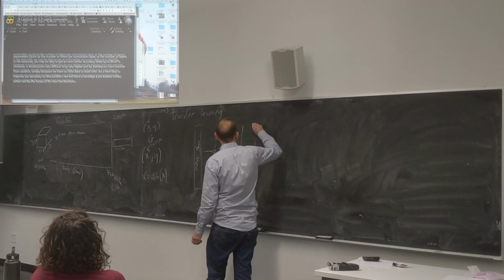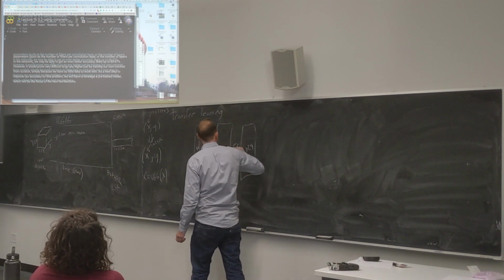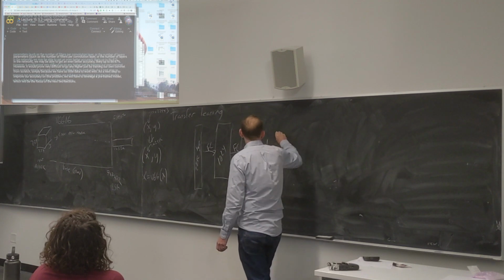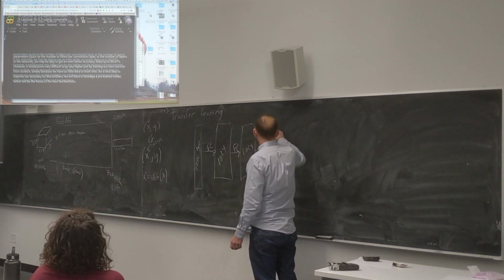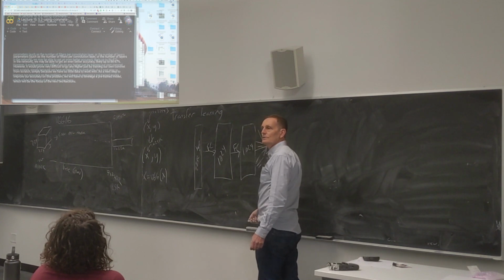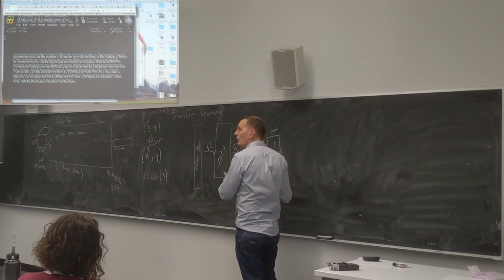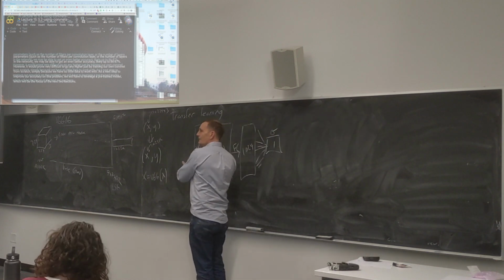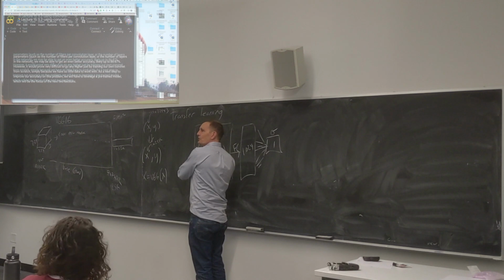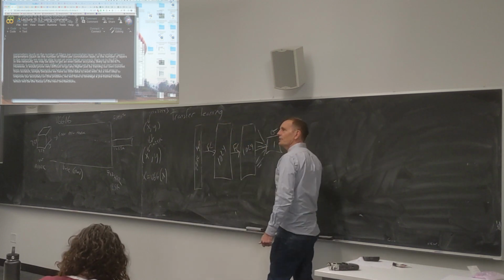Feed into another 1024. This is fully connected, this is fully connected, and this can feed into, let's say, a 1. So we are taking a network that takes in features as constructed by the VGG on the ImageNet and produces: is it a cat or is it a dog?